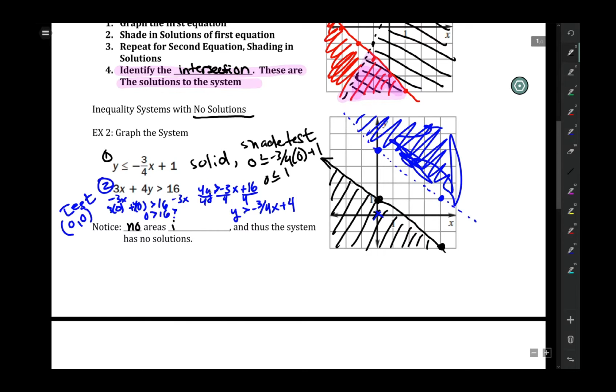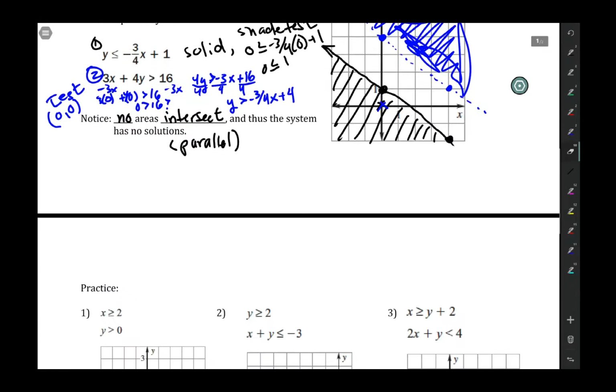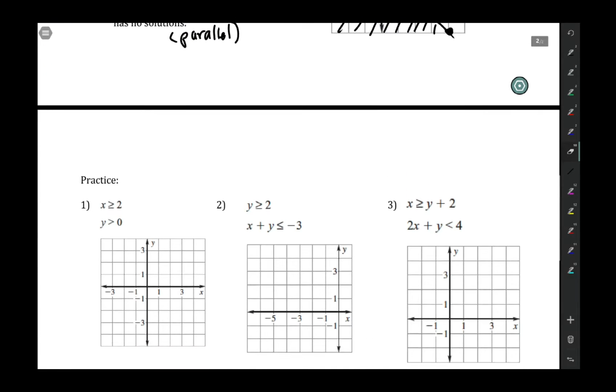No areas intersect, and thus no solutions. Most likely that'll be the case for parallel lines. Most likely.